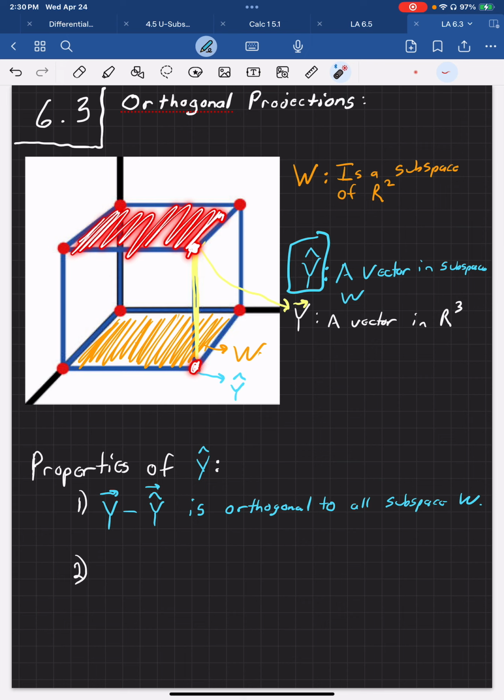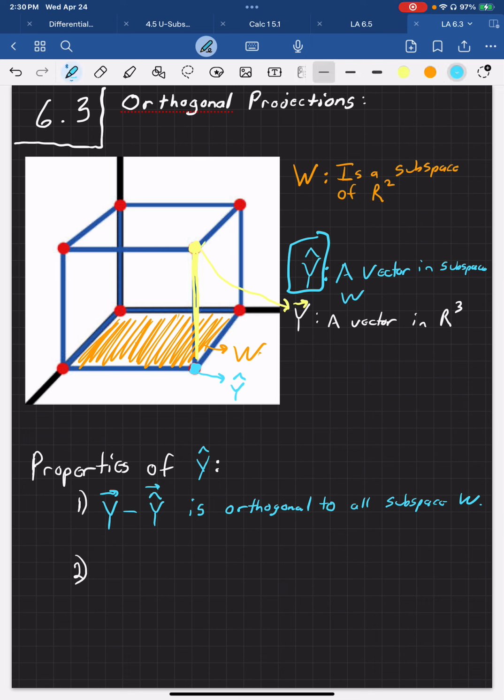You can just imagine, looking at my drawing, that there would always be some point that is perpendicular to all of your subspace. And what we're interested in is just one of those particular points, one of those particular vectors. Now, in this case, y hat is quite unique.